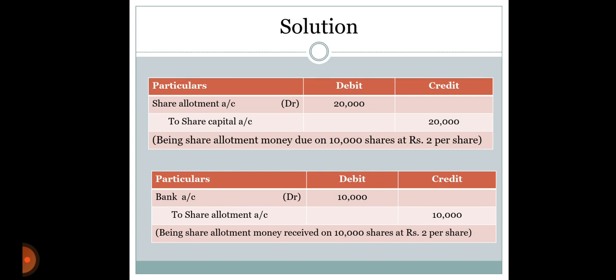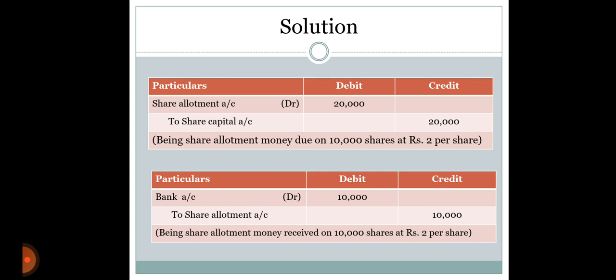And the next one is share allotment money received for 10,000 shares, rupees 2 per share. Here the entry is bank account debit to share allotment account.